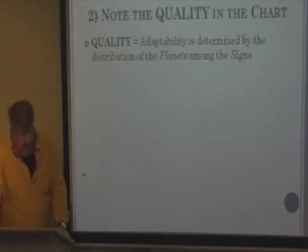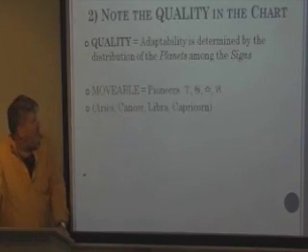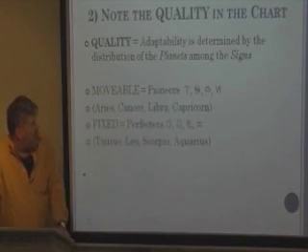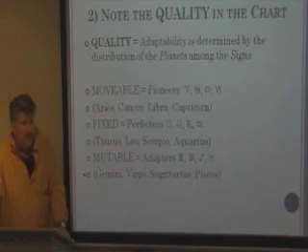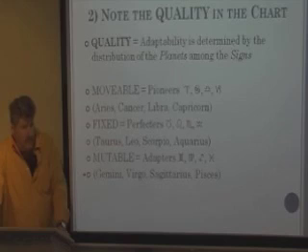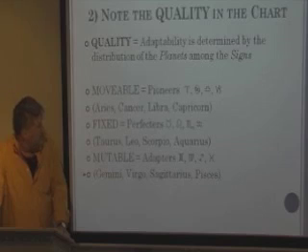Quality. Why do we want to know quality? Whether somebody is movable, fixed, or mutable? It tells you a lot about how they're going to approach, what kind of things they'll be interested in doing, working on, accomplishing, in terms of whether they want something new to work on, or whether they like to take something that someone else started and work with it.